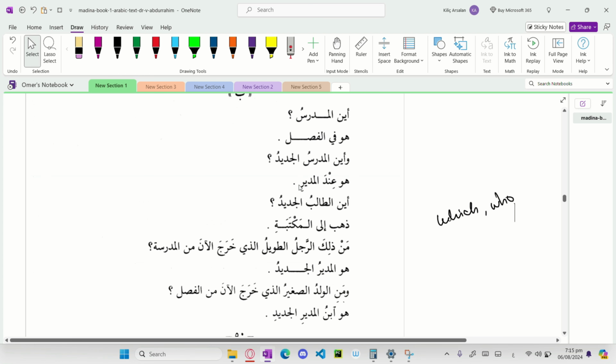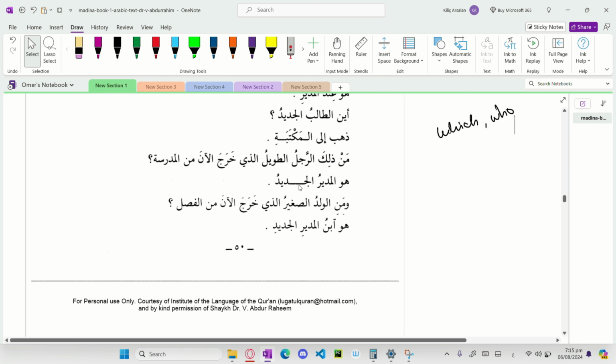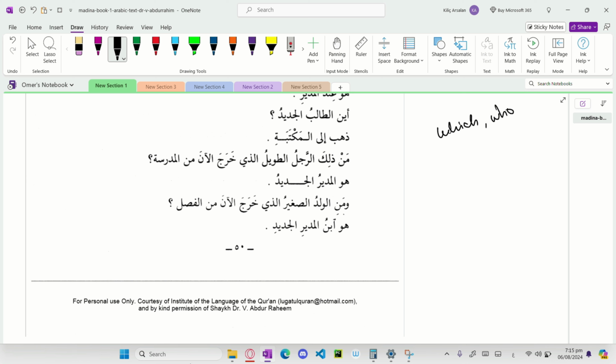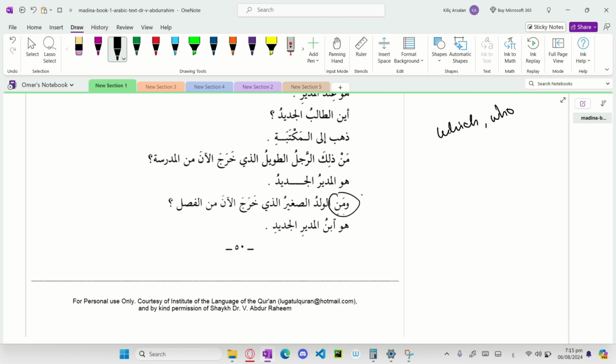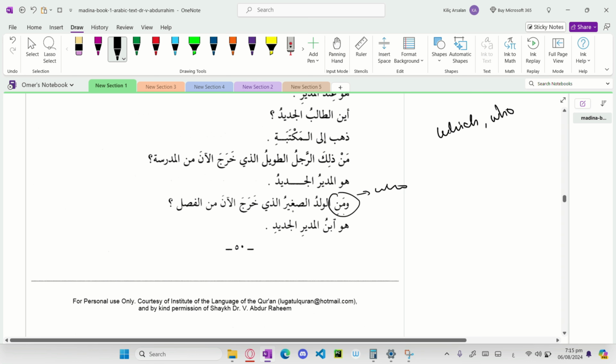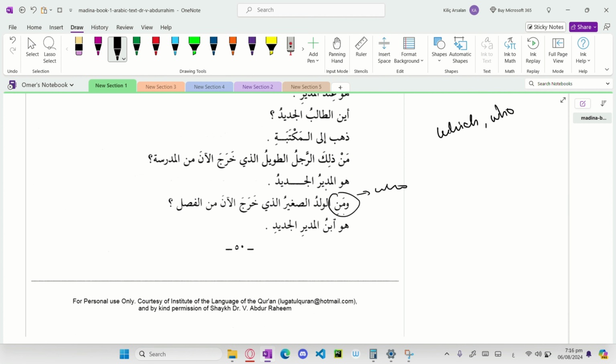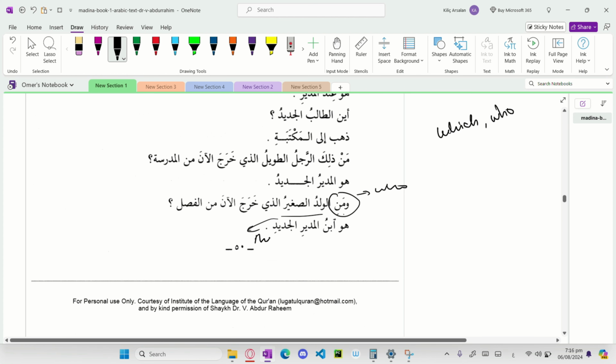ومن الولد الصغير الذي خرج الآن من الفصل؟ And who is the small child who went out just now from the class? من means who. الولد الصغير: since الصغير is the نعت, الولد is the منعوت, the small child.